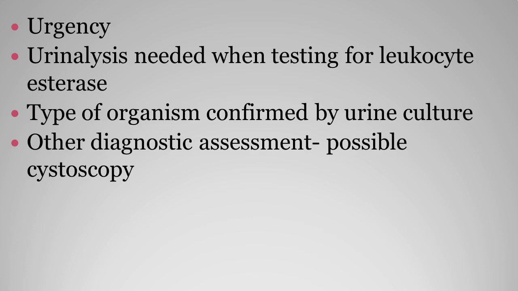They'll check for leukocyte esterase, which is that enzyme associated with white blood cells. And they might do a urine C&S, because we want to culture it before we start them on an antibiotic to see what is the organism that is definitely causing the infection. And like I said, most of the time it's frequently caused by E. coli.